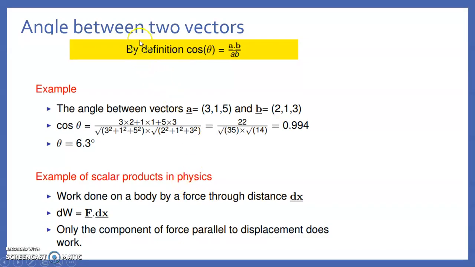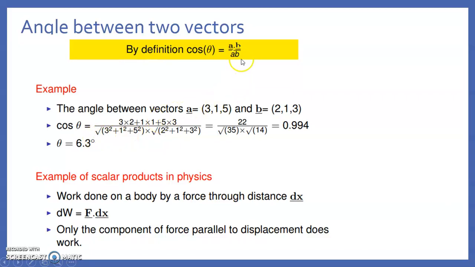If you want to find the angle between two vectors, no problem. You can find it easily by cos theta is equal to A dot B divided by AB. So here is an example. For the A vector, you have taken 3I plus J plus 5K, and B vector 2I plus J plus 3K.